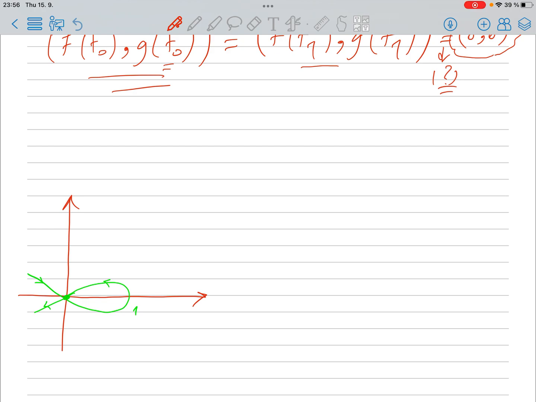If you look at the graph of the curve, the particle starts from here and moves along here, and at t0, let's say t0 is equal to minus 1, the location of the particle is here, and then the particle keeps going, and after t1 is equal to 1, the particle again meets this point.